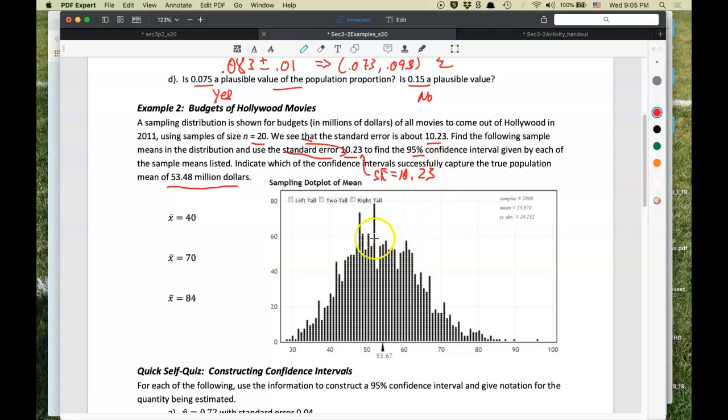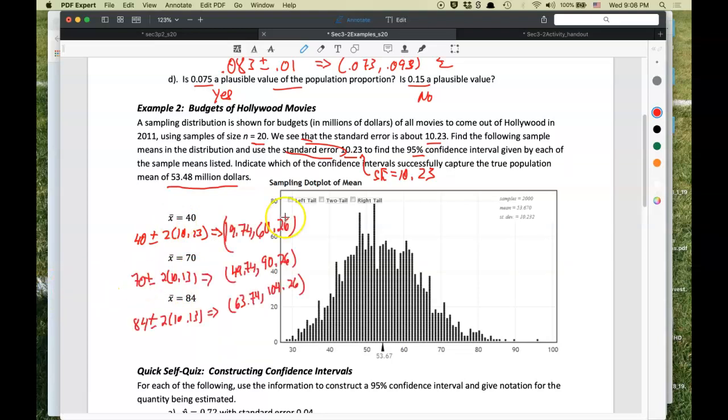We could have just as easily done it the way we were doing those in R on the last screencast. So we could take 40 plus or minus 2 times the 10.23, and that would give us an interval. Okay, now I'm going to fill these out for the 3 and then be right back.